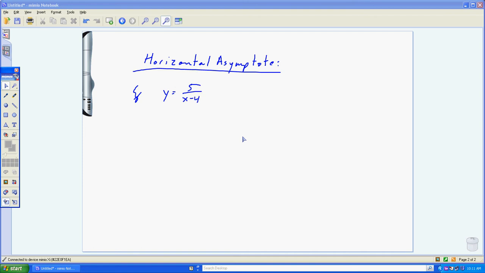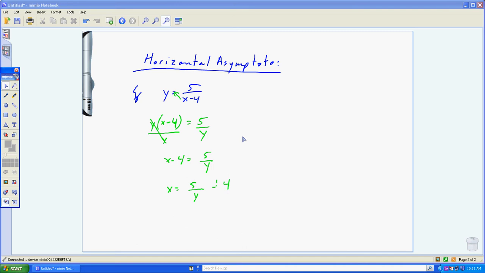Well, if I take this x minus 4 up there, and I get, no, just watch, because we don't do it this way, but this is why it is the way it is. So I get x minus 4 times y equals 5. And then I divide by the y, cancels that out. I get x minus 4 equals 5 over y. And then I add the 4 over and I get x equals 5 over y plus 4.